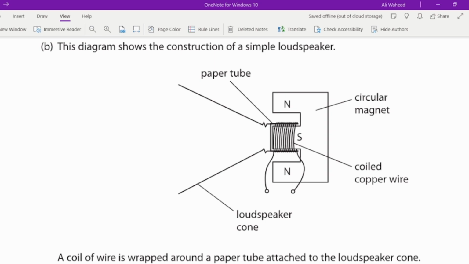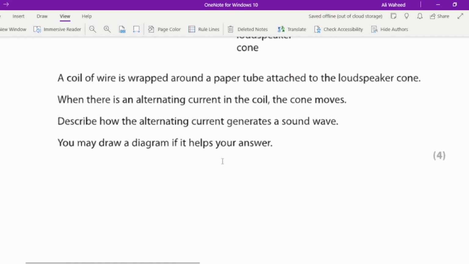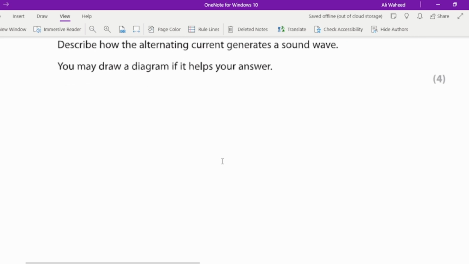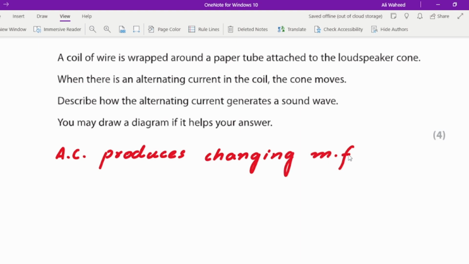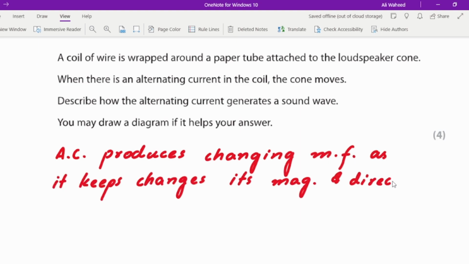So the first thing is, like they have stated, we are using alternating current. What does that mean? It means the alternating current would be producing alternating magnetic field. Alright, so this was the first pointer.